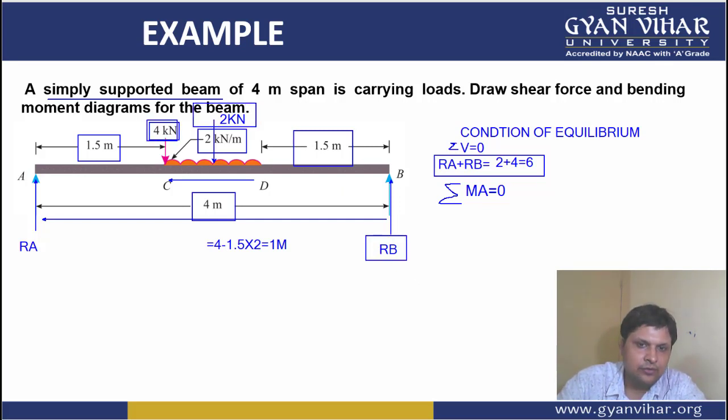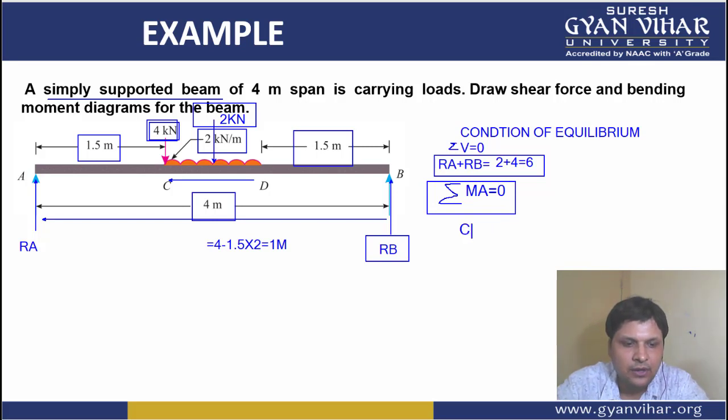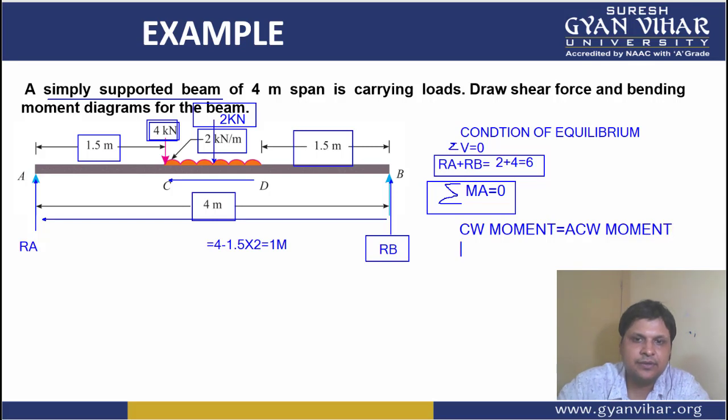Before that you will also have an anti-clockwise moment, and by this condition we can say that clockwise moment should be equal to anti-clockwise moment. All right, this means that clockwise moment will be from 4 kilonewton force.